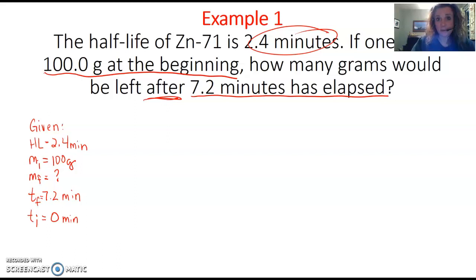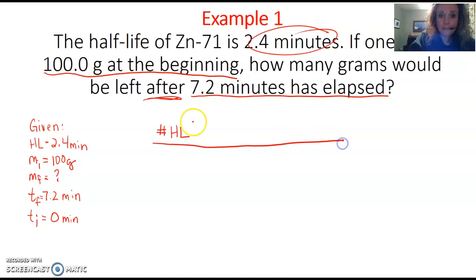Next, what I'm going to ask you to do is to create a data table. And for every half-life problem that we're going to do in this class, the data table is the same. So at the very top, we have the number of half-lives. And I'm going to abbreviate half-lives with capital H, capital L. In the middle column, I put time.